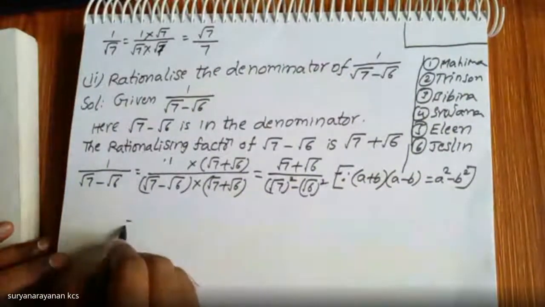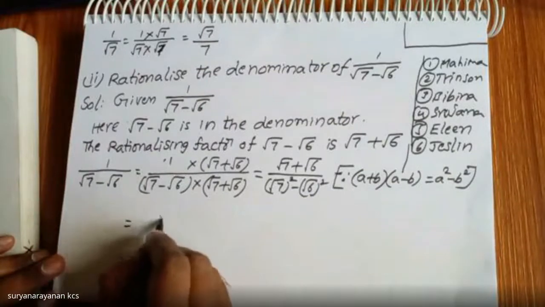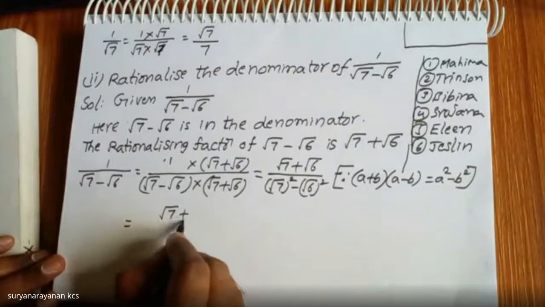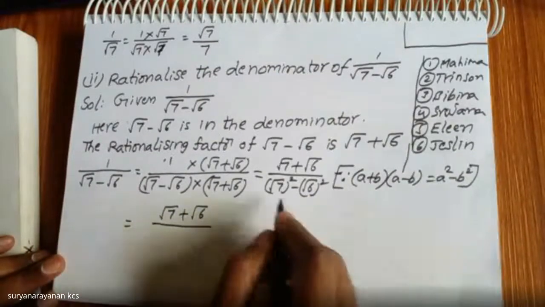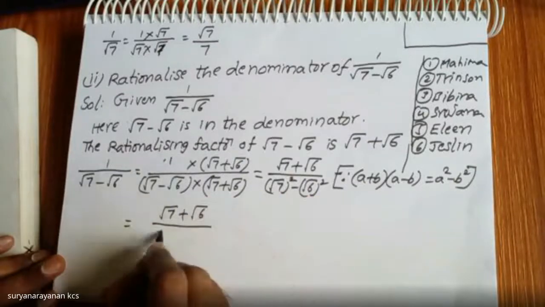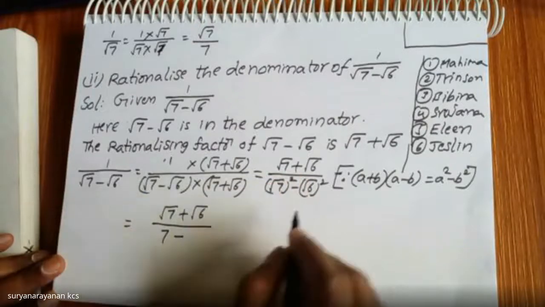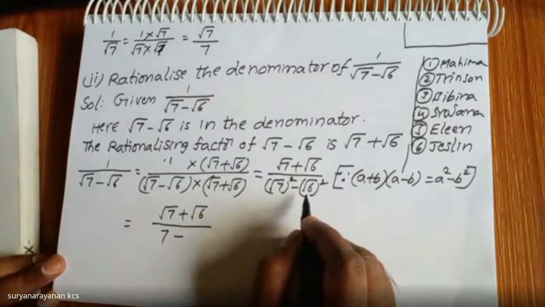By using this algebraic identity, we have written the denominator. Now we come to the numerator, root 7 plus root 6. We write this as it is. In the denominator, there are two terms. The value of the first term is 7. Square root and square get cancelled. Minus second term, root 6 whole square.